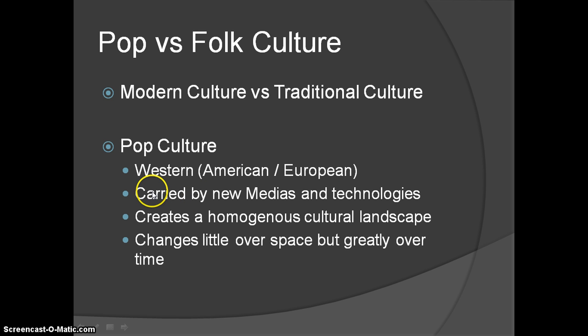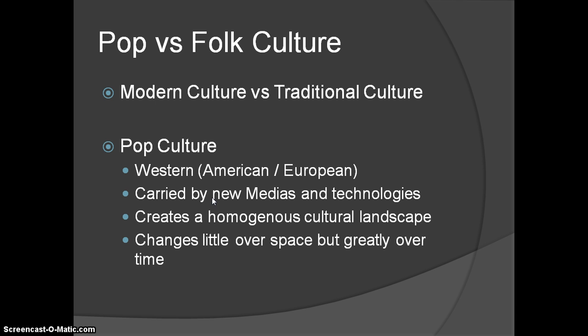Now, when we look at pop culture, some of the markers of it is that it is going to be carried to new parts of the world, or diffused, by new media and new types of communication technology. So we're talking about radio, cable television, the internet, those types of things.